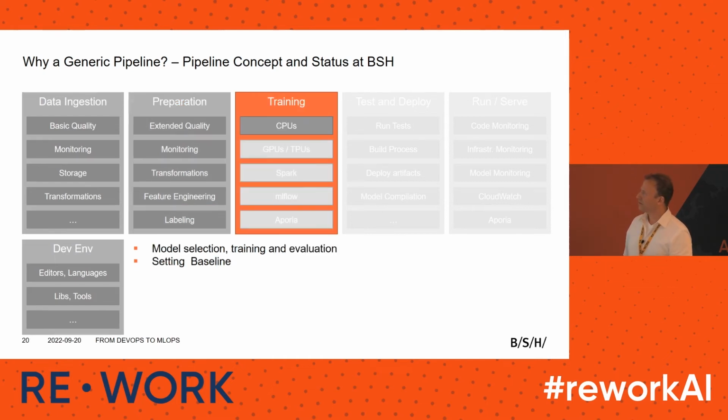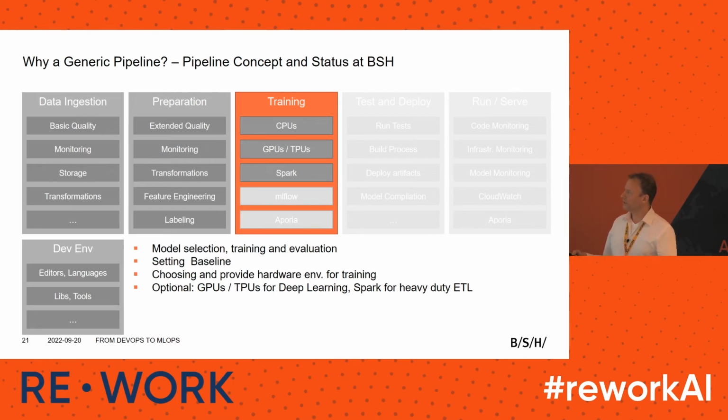Then we have our training infrastructure, where we do the model selection, training and evaluation, also setting a baseline. And here you can then fire up on demand infrastructure, depending on the use case.